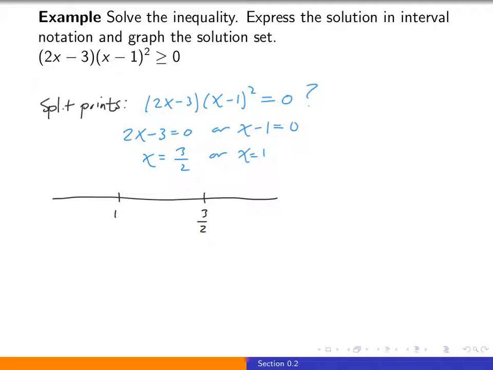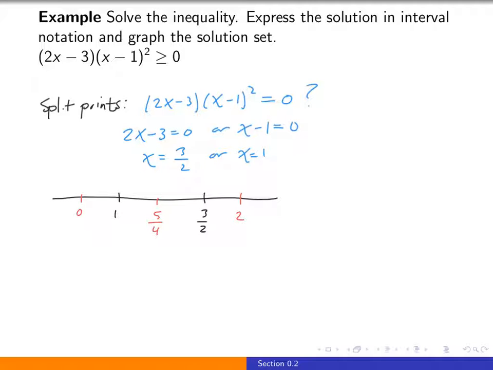What we need to do is pick a test point in each of these. So we pick the simplest possible number we can. In the leftmost interval you might pick something like 0. In the middle interval, 5/4 is right in between 1 and 3/2. And then bigger than 3/2 would be, say, the number 2.